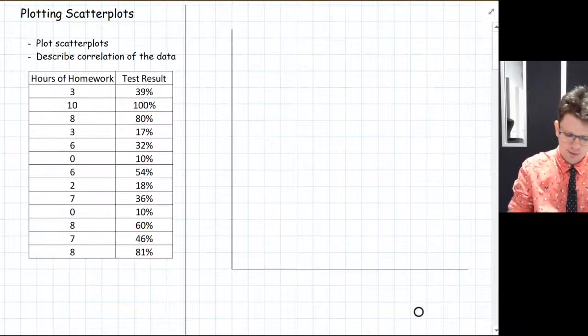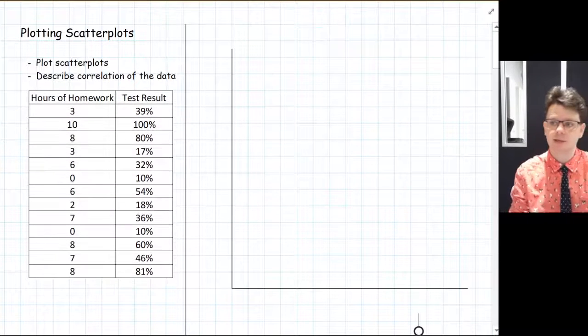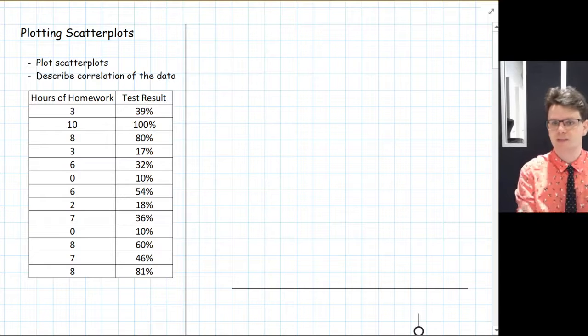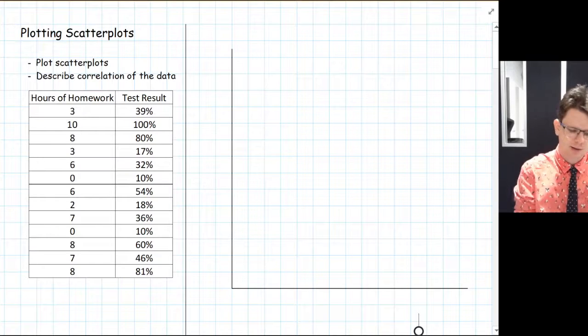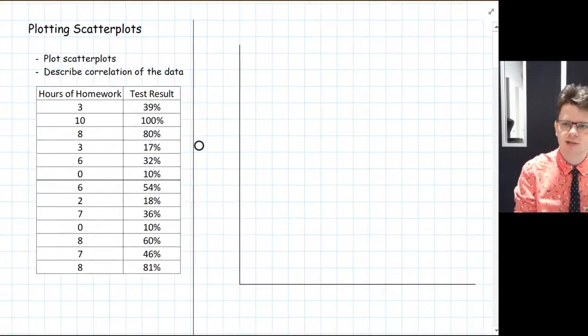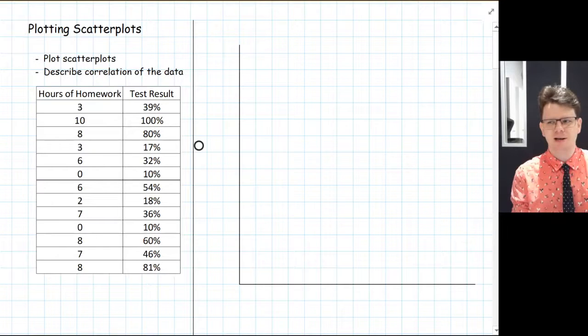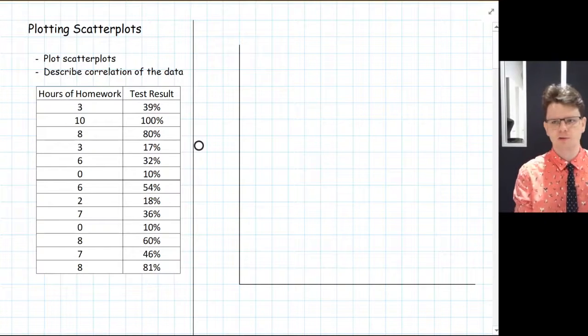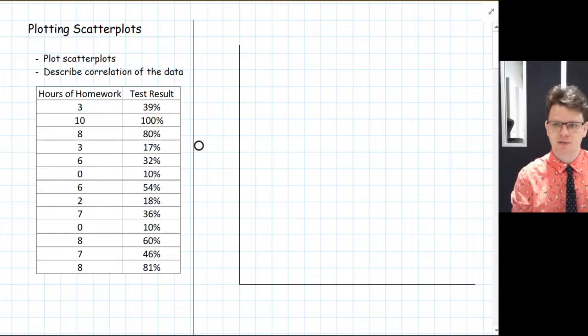Now, the next thing I need to do is work out which one explains the other. So the question is, does the hours of homework affect the test result, or does the test result affect the number of hours of homework? Well, in my mind, if you change the amount of homework you do, it's going to change your test result.